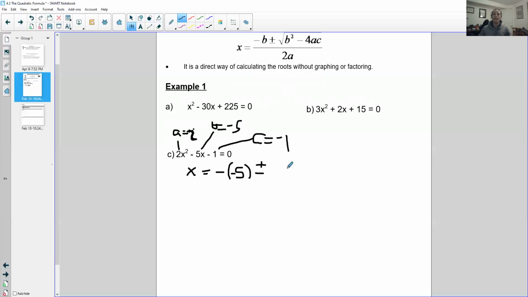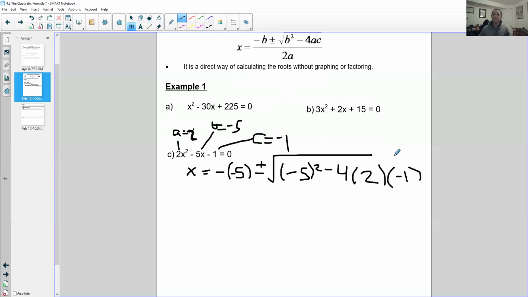Plus or minus. Eventually, when we get through, we're going to end up with two calculations because remember, a parabola should have two roots, well, sometimes, if it crosses the x-axis. So -b plus or minus the square root of b squared, so -5 squared, minus 4ac, and my c value was -1.